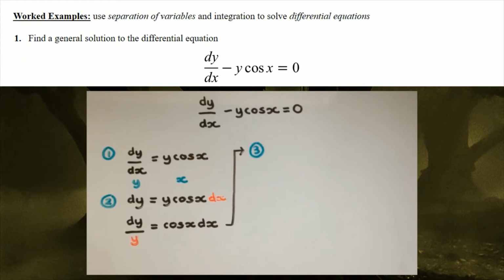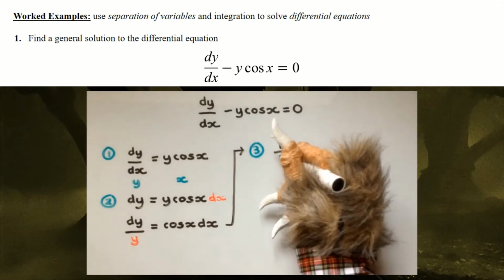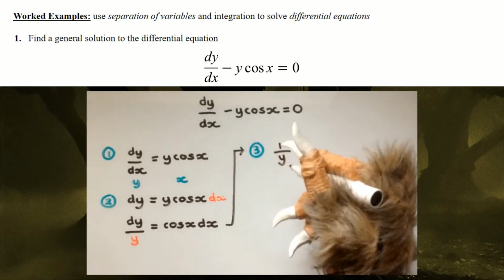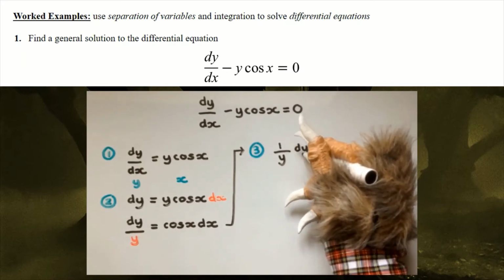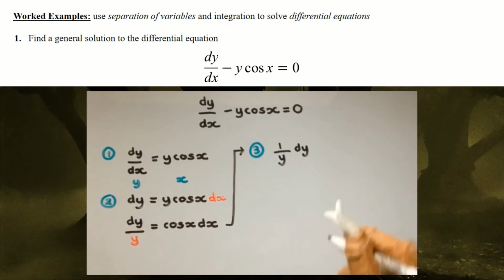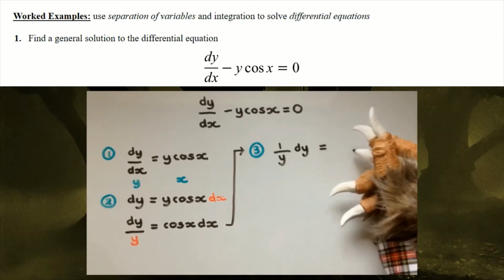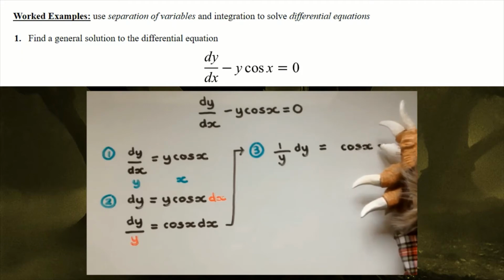That means I can see clearly what the integrand is going to be. And having dy over y, it can make it a little bit more confusing. So what I'm going to do is write it as 1 over y, like that, and then dy next to it, which is exactly the same as this. I hope you can see the utility of doing that. And that's going to equal cos x dx.